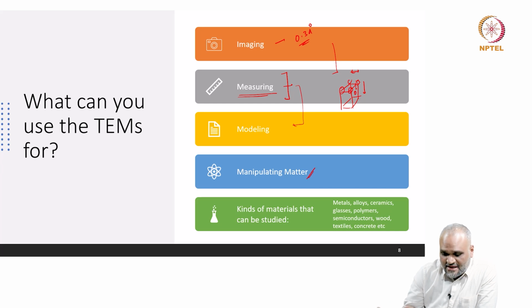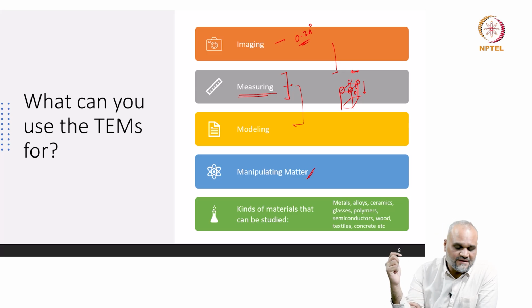I can also manipulate matter. What do I mean by manipulating matter? It can be by using an external stimulus like an electric field, a magnetic field, or simply a heat source to change the sample, or I can use the electron beam itself.